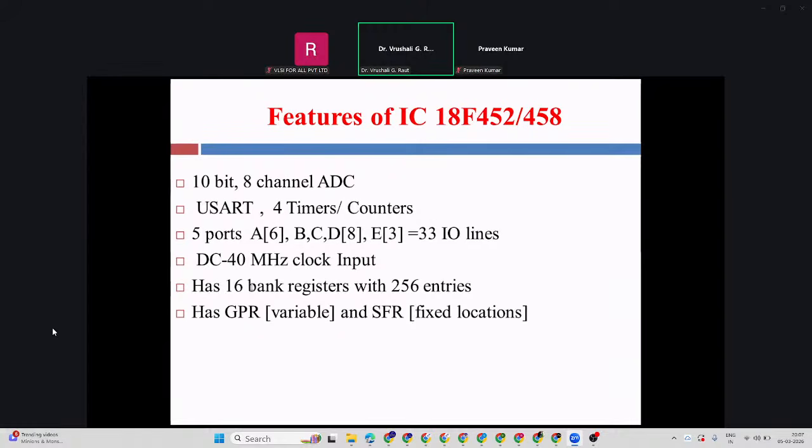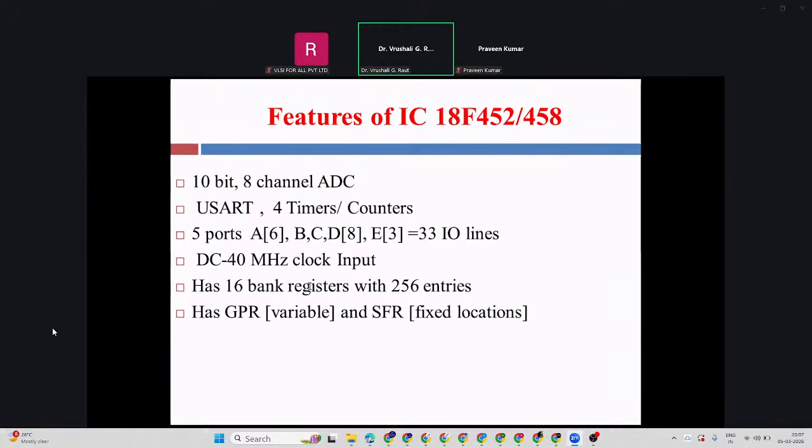Is it right? It has 16 bank register with 256 entries. Okay, so in one bank, in total, how many? 16 bank register with 256 entries. So again, more registers are available for saving the data temporarily. Is it right? In 8051, only 4 were there.